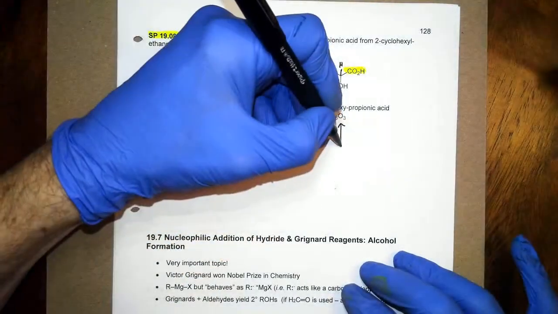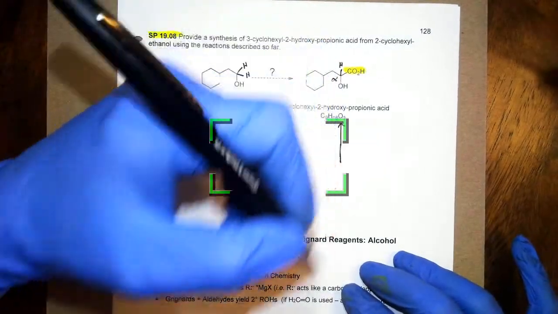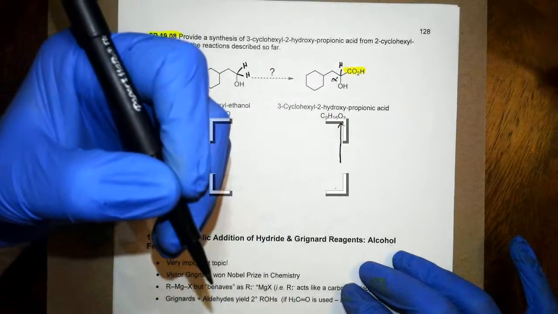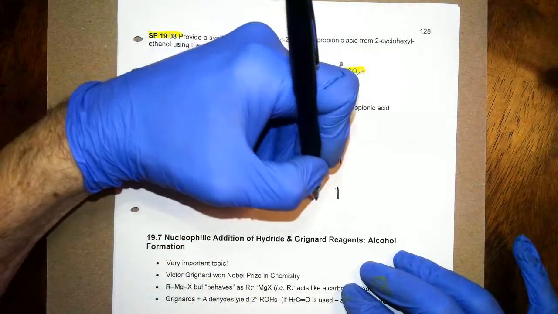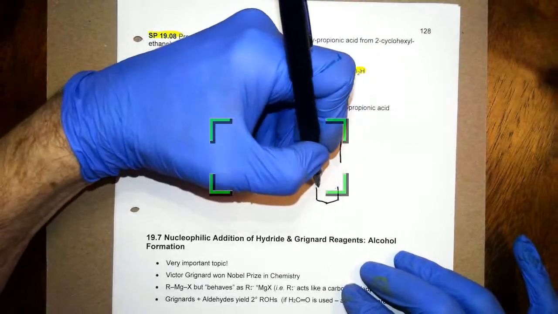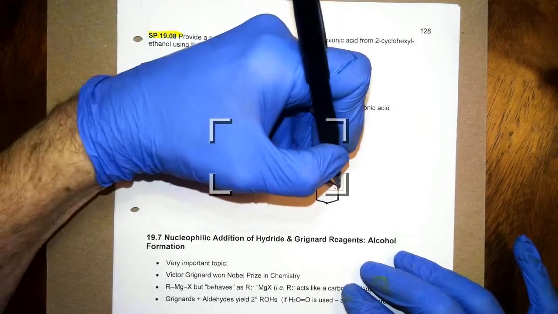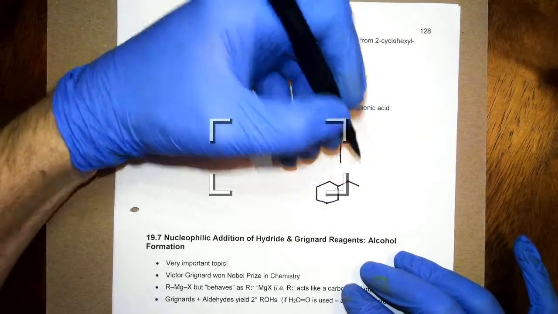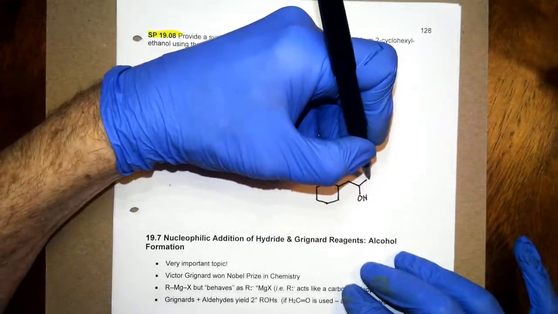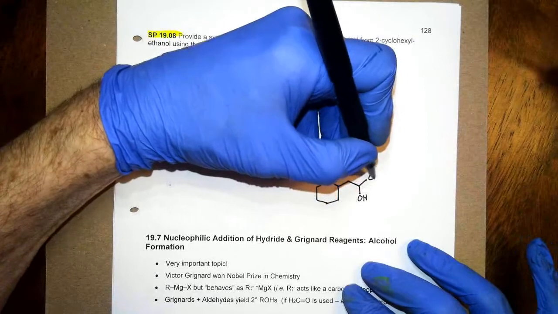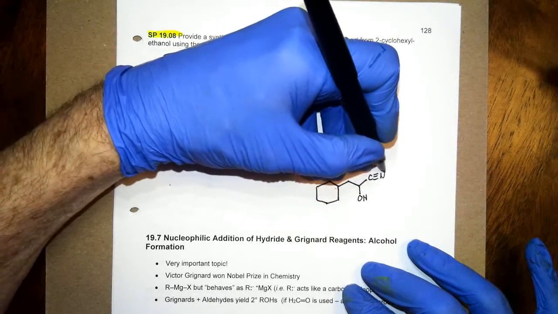Didn't we say that you had to start with the corresponding cyanohydrin? What would the corresponding cyanohydrin look like? This is what it would look like. You've got your OH here, and you've got your cyano group here. Now I'm going to write the cyano out showing the bond, but you could just write CN if you wanted to.